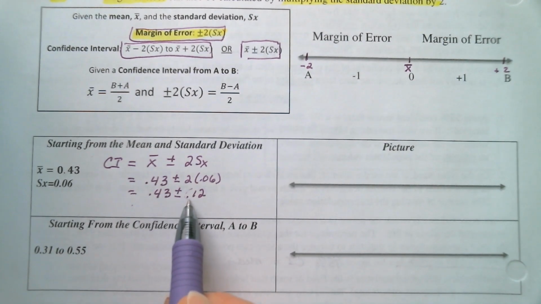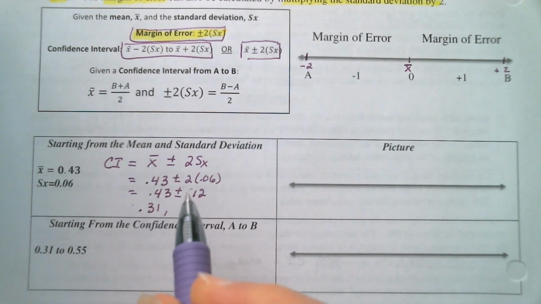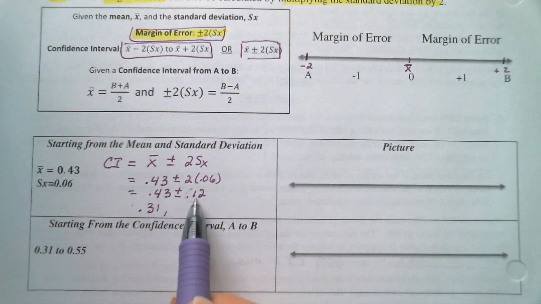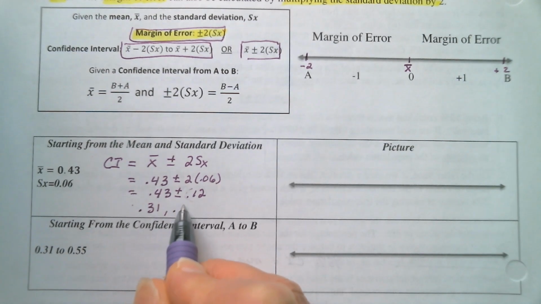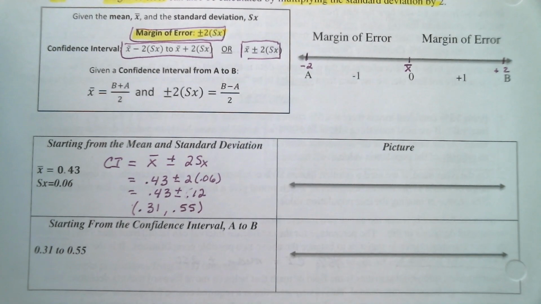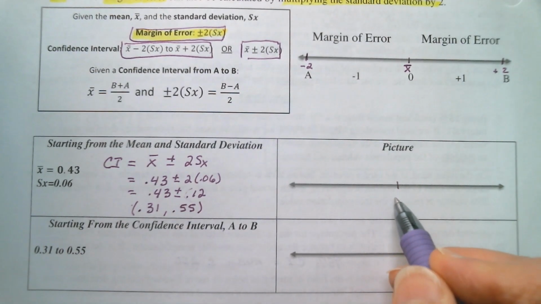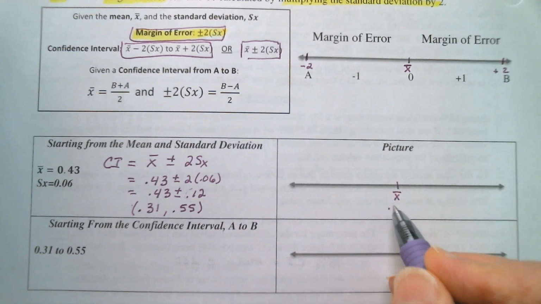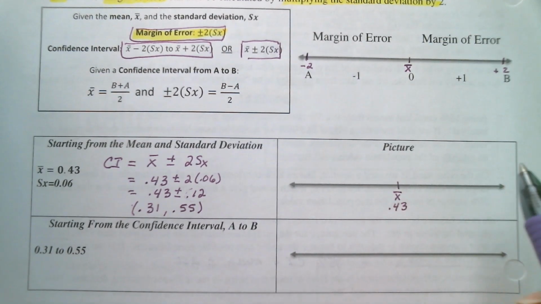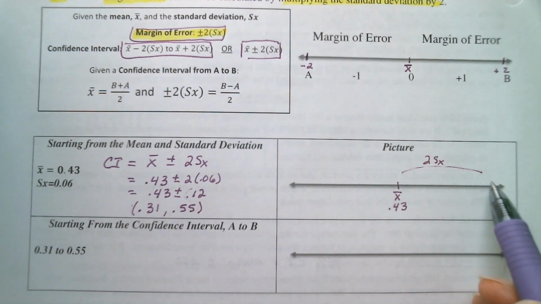So 0.43 minus 0.12 is 0.31. And 0.43 plus 0.12 is 0.55. So this is our confidence interval. Visually, if you look at it as a picture, all right, here would be our mean of 0.43, and we'd have to add 2 standard deviations to get to the upper end of our confidence interval.